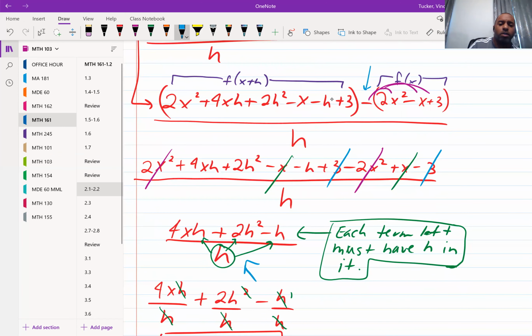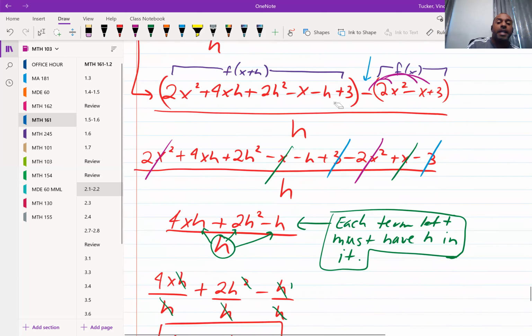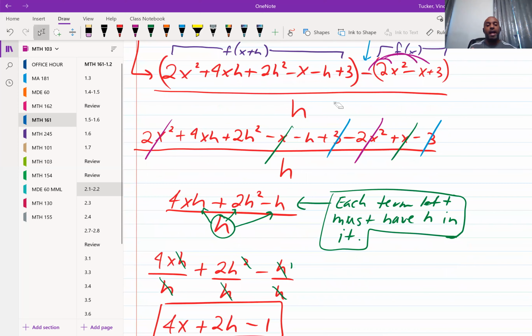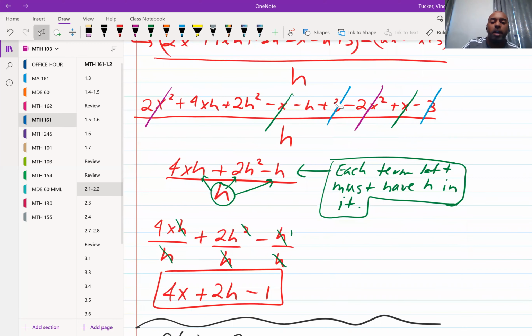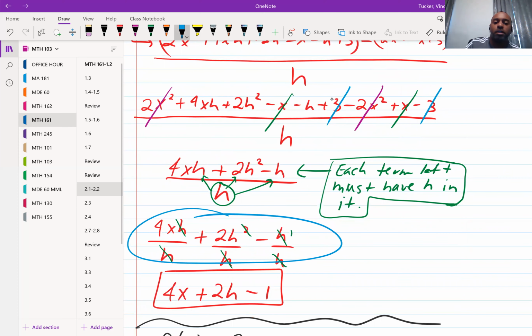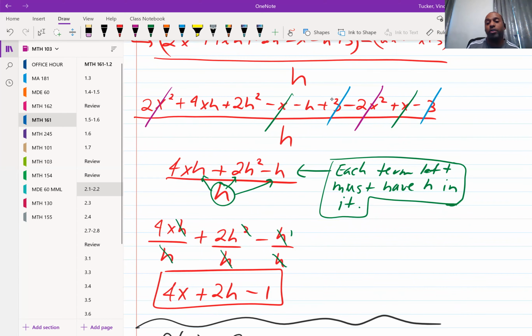So that's why I wrote right here that the h is going to go into each term. After that, it has to cancel out because of what happens in calculus. h is going to go to 0 with your limits, and you do not want to have 0 in your denominator. So the h has to cancel out of each term. And that's what I did right here. And so that left you with 4x plus 2h minus 1 as your difference quotient.